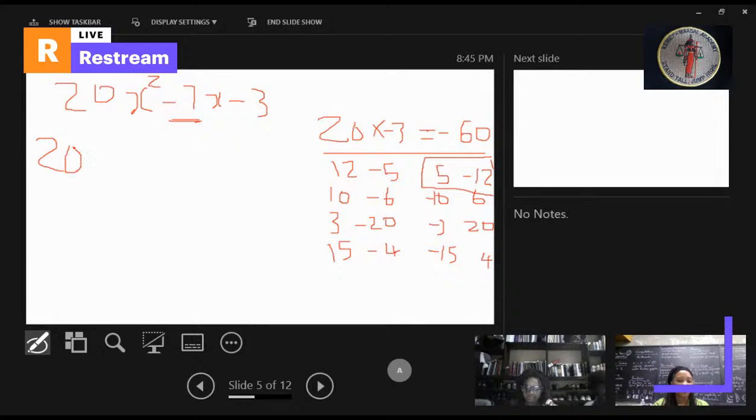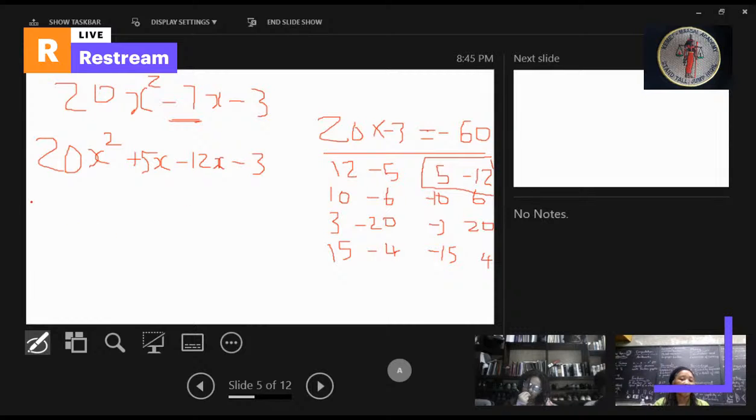So I will have 20x squared plus 5x, it's a negative 12x, and then I'll have my minus 3.